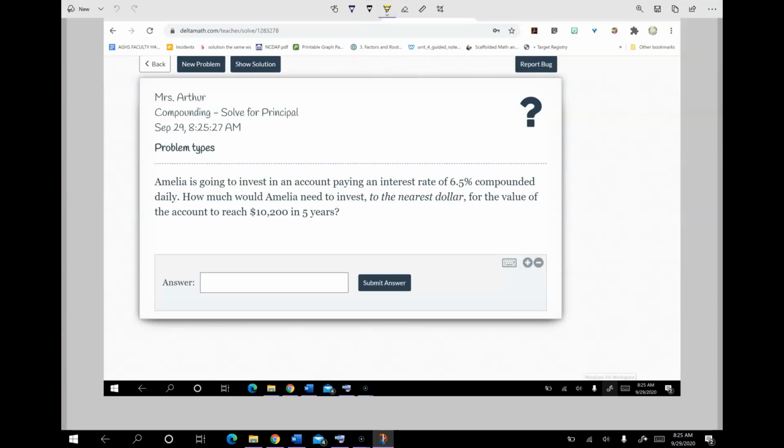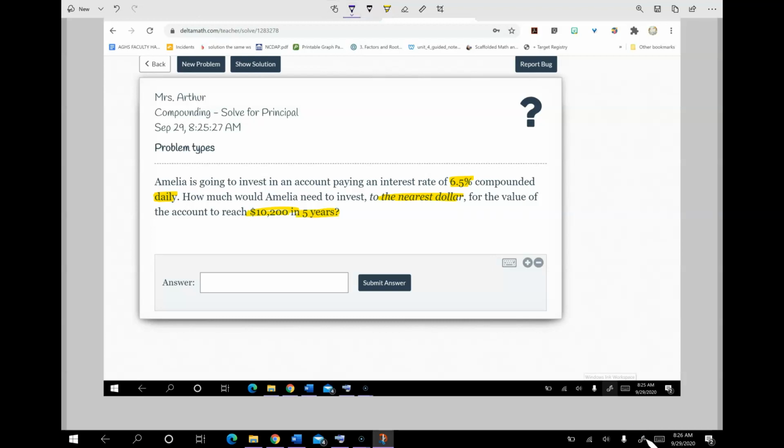All right. So it says Amelia is going to invest in an account paying an interest rate of 6.5%, compounded daily. How much would Amelia need to invest to the nearest dollar? So I'm going to round to the nearest dollar, for the value of the account to reach that much in 5 years, okay?